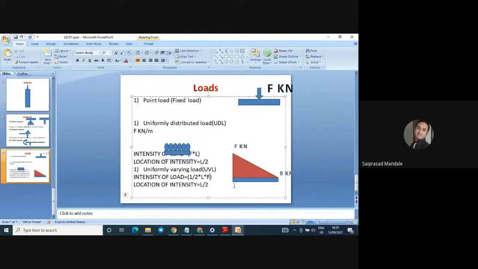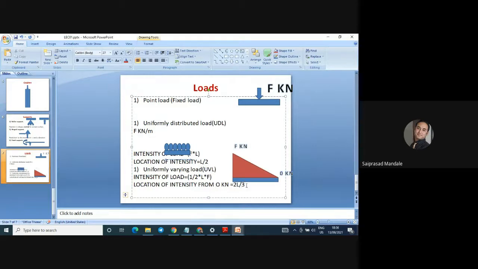Now, what is the location of the intensity? If it is L by 2, from the left-hand side and the right-hand side both will be the same. But what if it is a triangle? It has a different intensity. From 0 kilonewton, the location of intensity is 2L by 3.